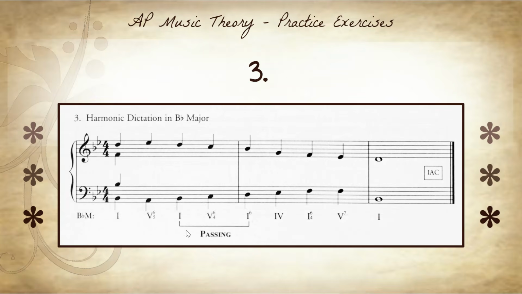We have another second inversion chord with a passing there. And the note says, in this example, we have a very common beginning paired with a very common ending. Oh, and the ending is an imperfect authentic cadence.